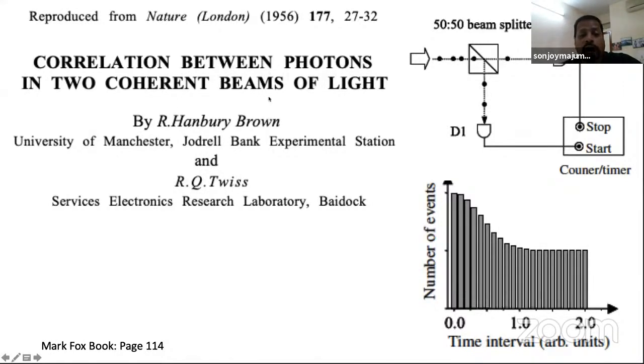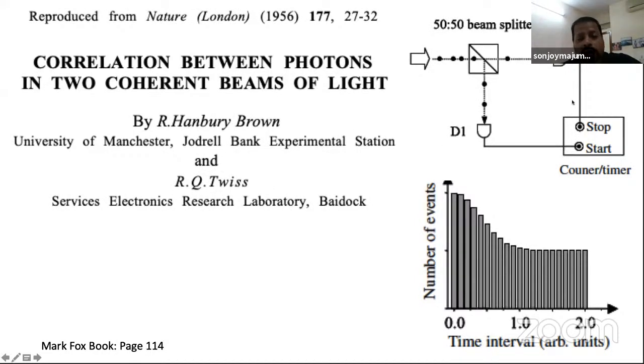They showed the demonstration, which is again a homodyne kind of experiment. Light comes through the beam splitter and is allowed to reach the detectors, and using a start and stop button, they are able to count. I'm not going into the details of this. If you want, it is very nicely written in Mark Fox's book on page number 114. You can look at it.